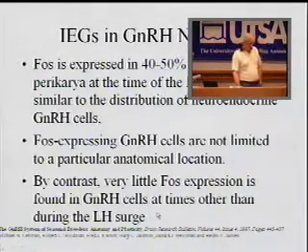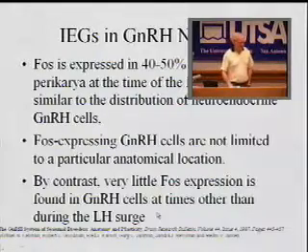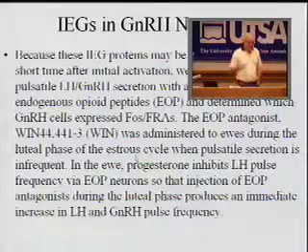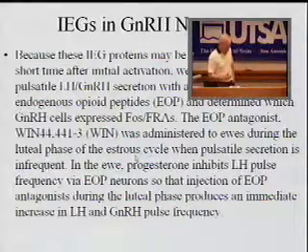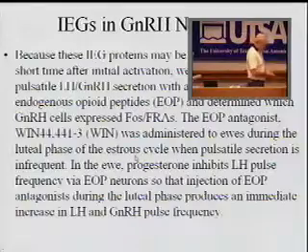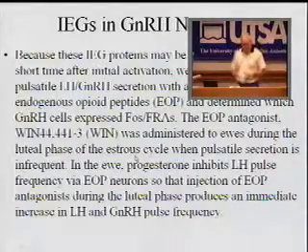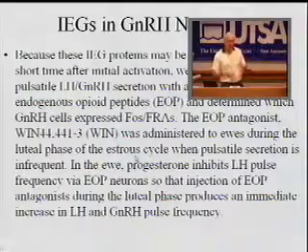Other than during the LH surge, you don't find this Fos expression in the GnRH cells. You do find it in cells throughout the preoptic area, anterior hypothalamic region, and the arcuate and ventromedial hypothalamic nuclear regions, but not within the GnRH neurons.